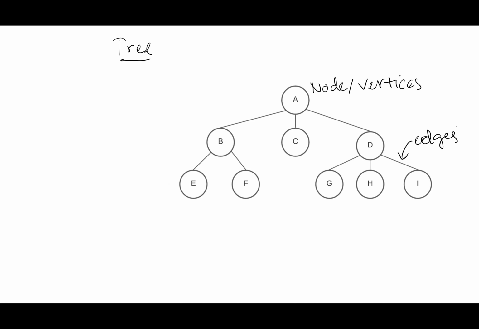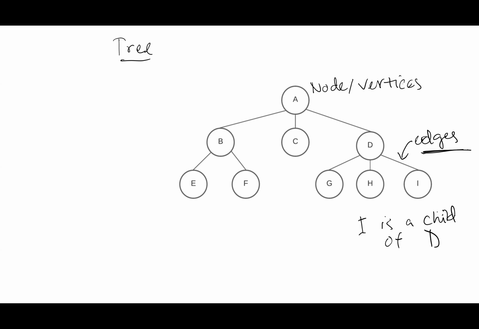The constraint is, in a tree, all the edges actually define a parent-child relationship. So suppose this edge defines that I is a child of D, okay? So in a tree, all edges define a parent-child relationship.